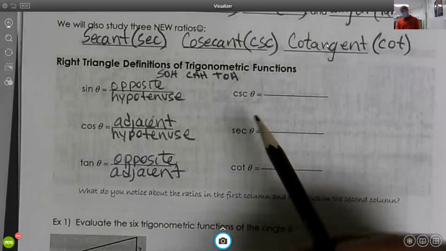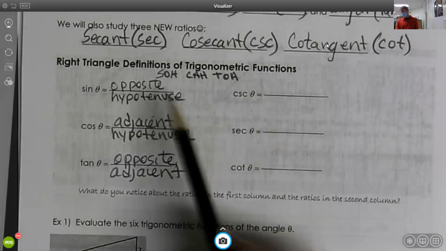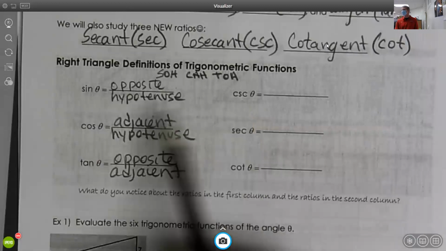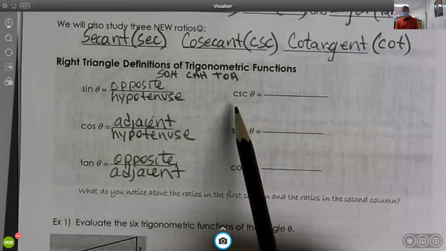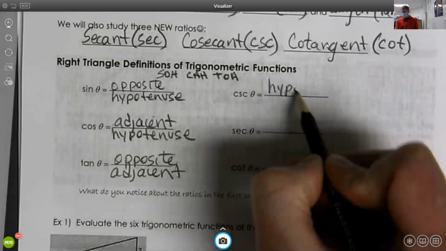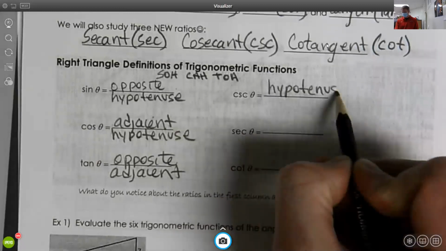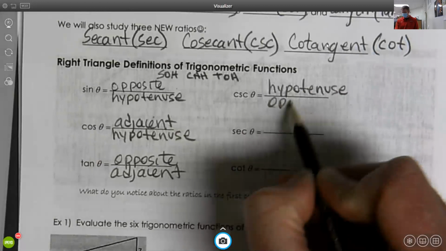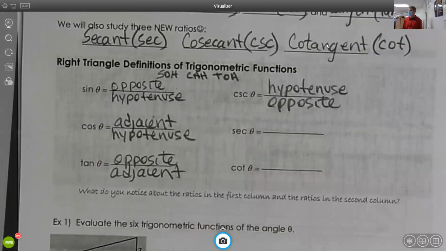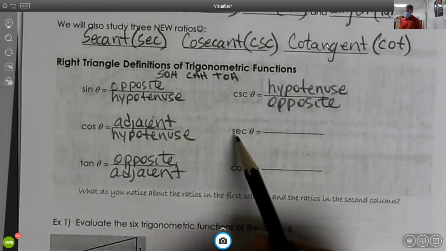Well, actually, sine and cosecant are related to each other. Cosecant is the reciprocal, so it's just the hypotenuse over the opposite. Secant is related to cosine.